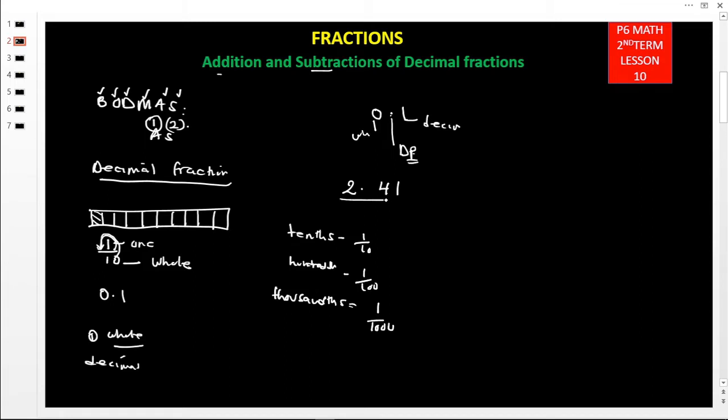So now we come back to this number here, which is 2.41, whereby our 2 is going to be under ones because it is a whole. Then this one is the first decimal number, so it is going to be under the place value of tenths. Then this one is going to be under hundredths. So still, if you have 341.456, this is the side for the whole, and this is for the decimals, whereby this one is ones, then tens, and this is hundreds.